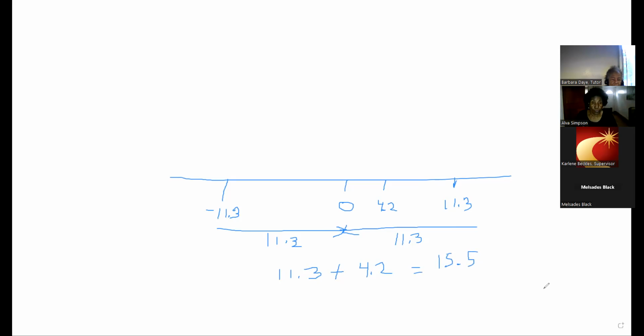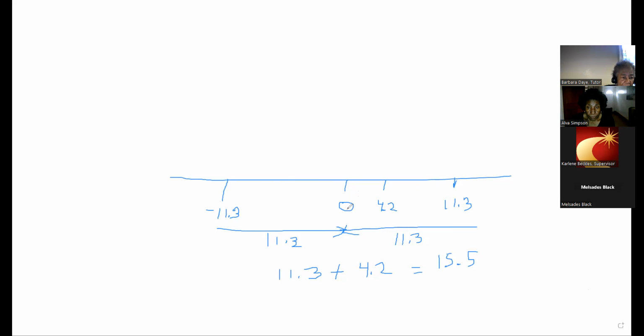Do you count it under the number line? Yeah, but I'm just showing you we didn't have a number line for that problem. I'm just showing you how you can figure it out with the picture of a number line in your head. That you go from a negative to 0, that's 11.3.